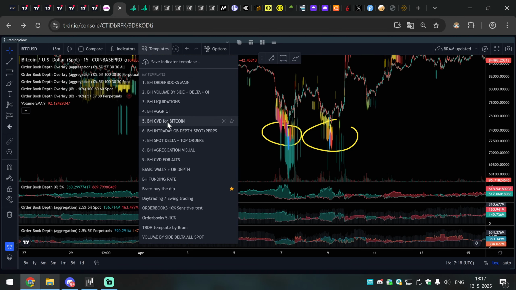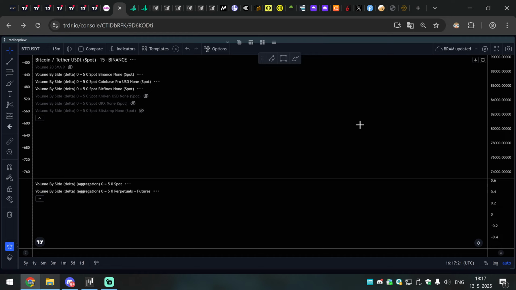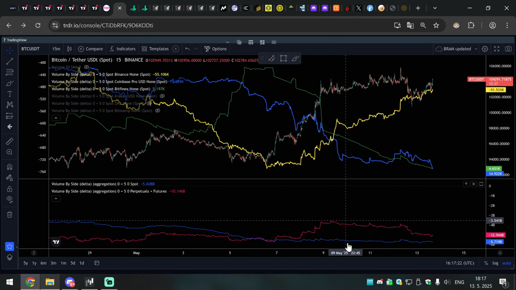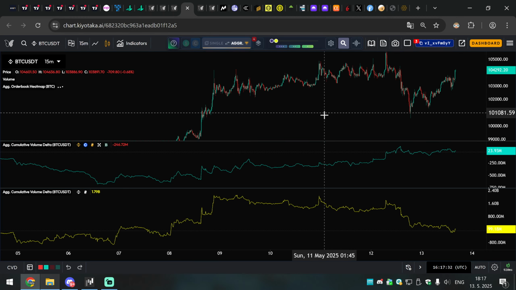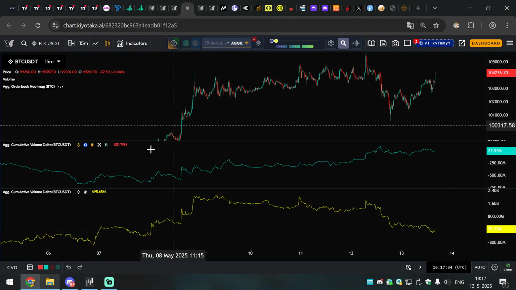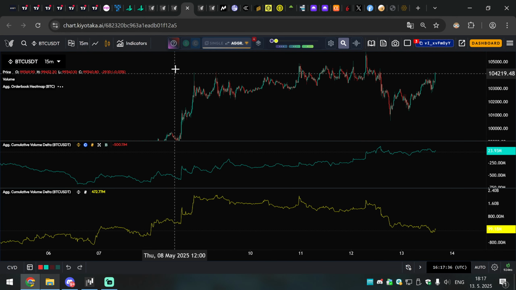So let's go to Bitcoin, CVD for Bitcoin. And I can watch it also here, but here it is very squeezed together. So if I zoom in, I cannot interpret this well. I need to go to small time frames and it's not ideal. So yeah, I like it here, very simple thing, and should be useful. So that's template number 4.